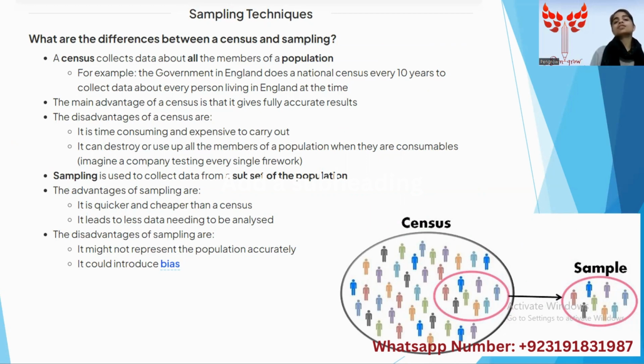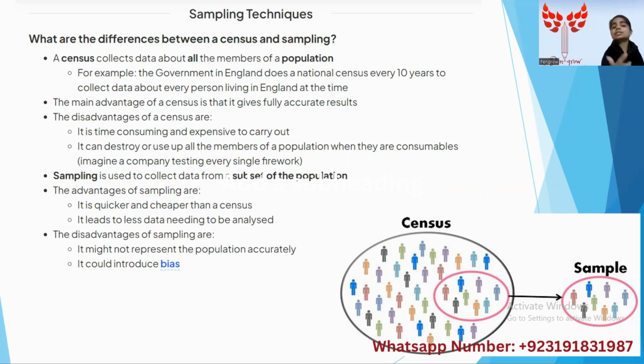You are looking at everything. The government in England does a national census every 10 years to collect data about every person living in England at that time. Now, the main advantage of a census is the fully accurate result. There is no room for inaccuracy or estimation. Obviously, because you're testing the whole population.